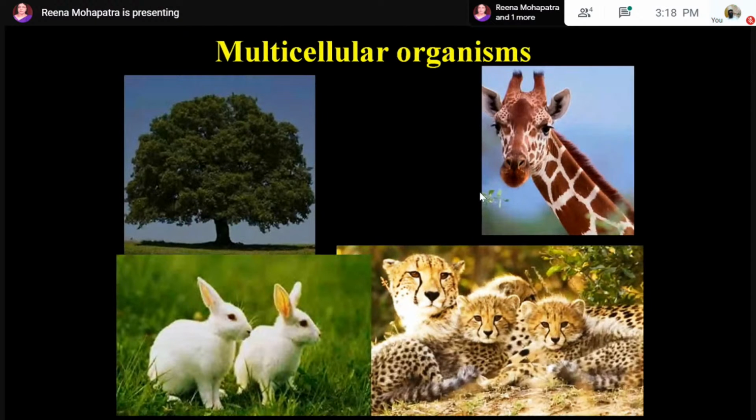Whatever be the size of the organism, say you take the example of a giraffe, the cell size is similar. The size of the animal or plant doesn't depend on the size of the cells making them, but on the number of cells.